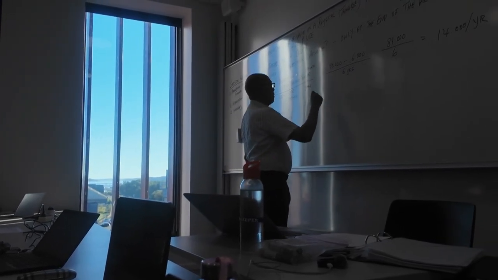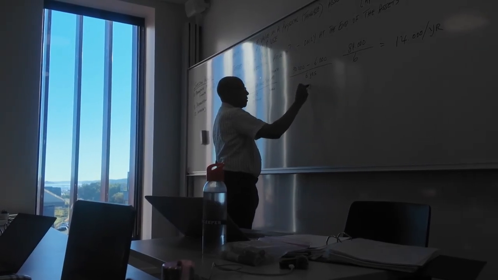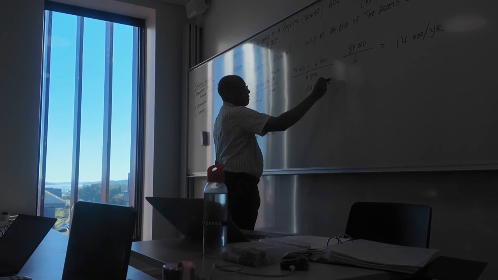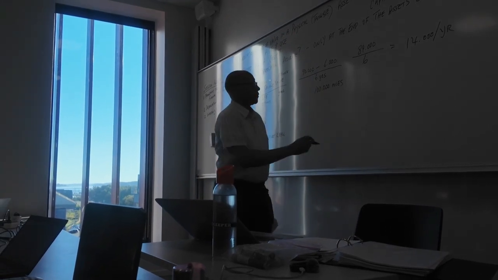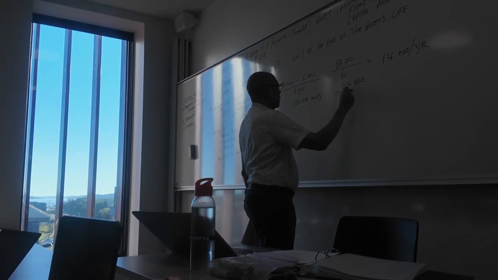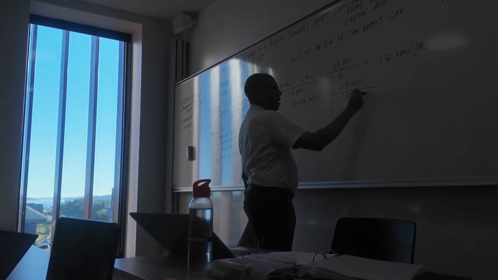But it doesn't have to be. We bought a car and we say instead of in years, we're going to drive this car 100,000 miles. So it'll be 84,000 divided by 100,000 miles.